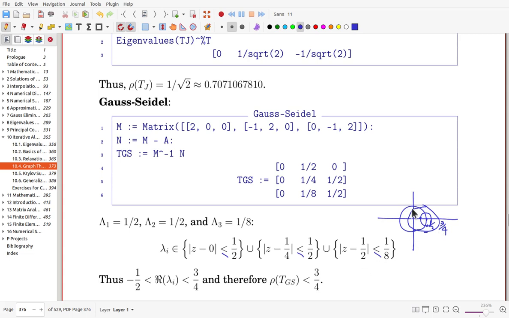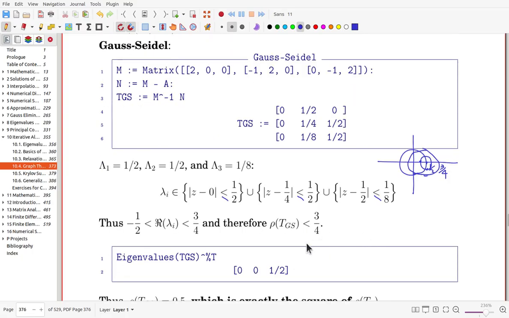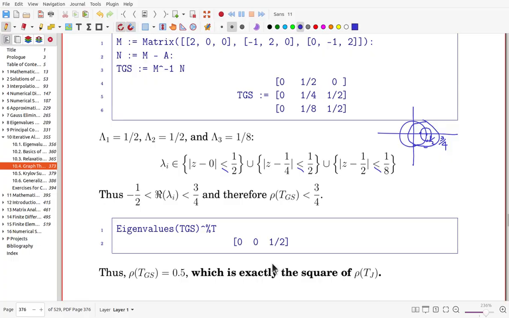It cannot be on the boundary because the circles are already given in this way, so that there is no common point. Okay, so we can conclude through graph theory in this way. If we compute practically the spectral radius of the iteration matrix, then we arrive at half.